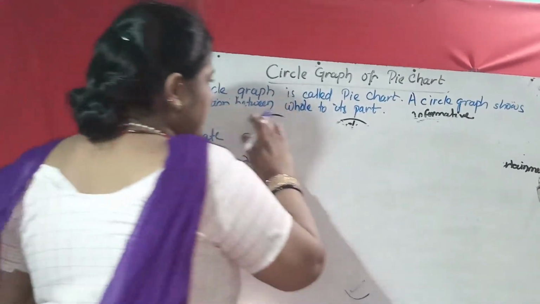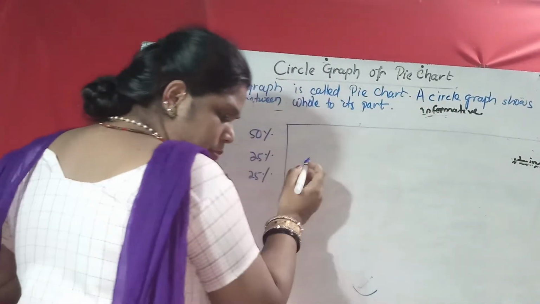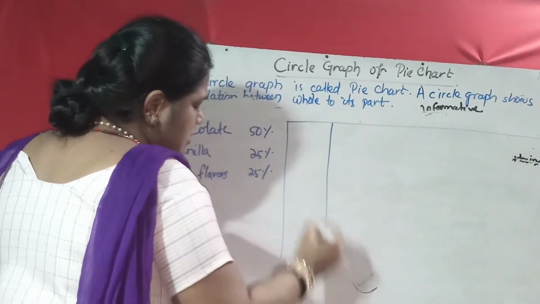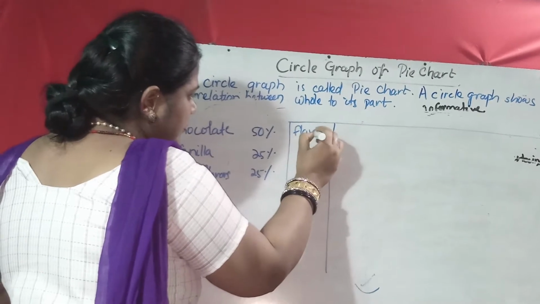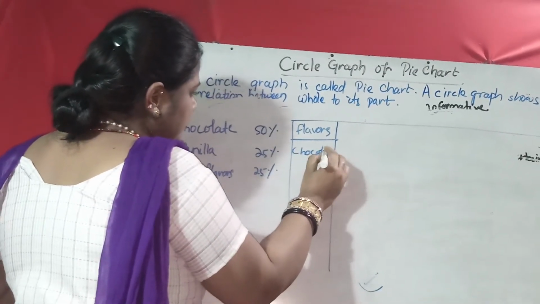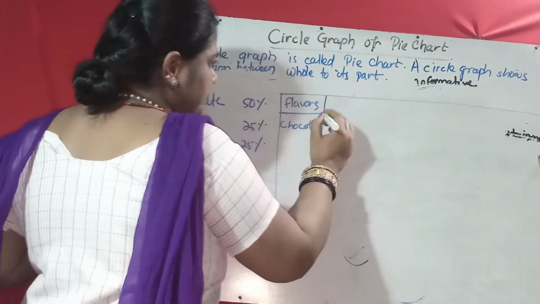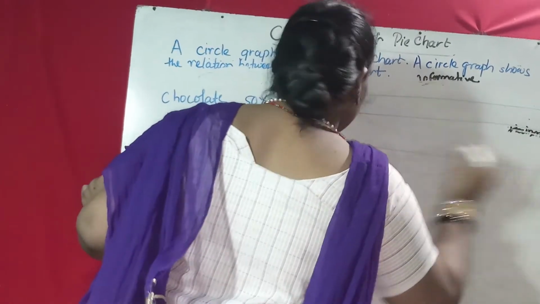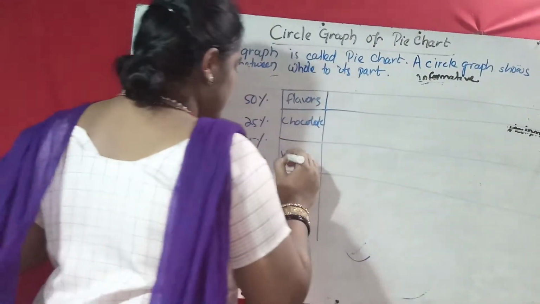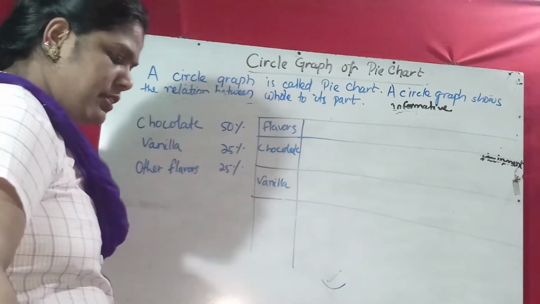You have to make a table. In the first column you write flavors: chocolate, then vanilla, then others, three types of flavors.